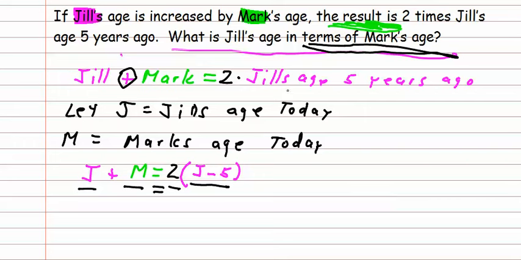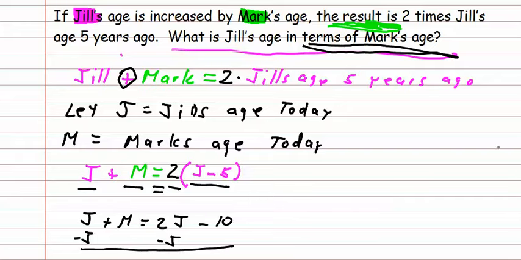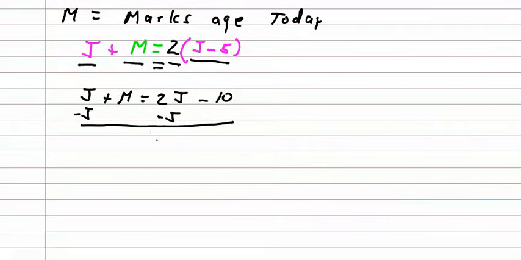All that means is solve for Mark's age. So Jill plus Mark equals 2 times Jill's age minus 2 times 5. We subtract Jill's age from both sides, and we end up with Mark's age equals Jill's age minus 10.